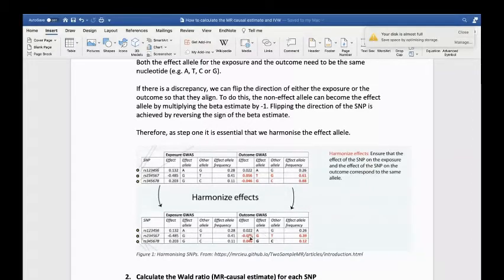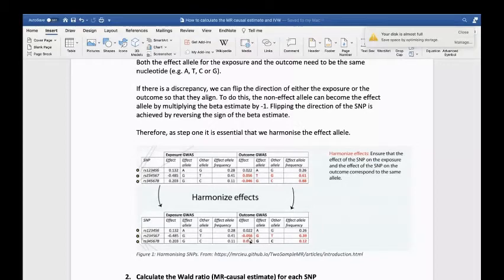So we're changing the sign, and that means that the other allele becomes the effect allele. So G becomes the effect allele by multiplying the effect by -1. So we flip the direction of the SNP by reversing the sign of the beta estimate.